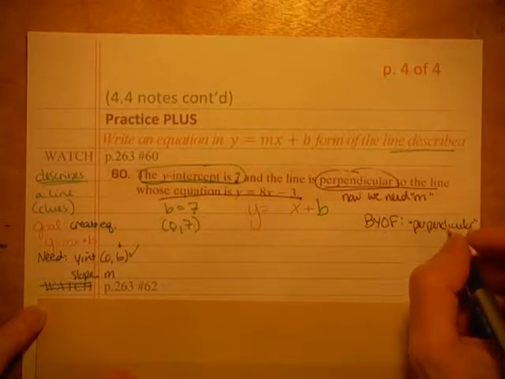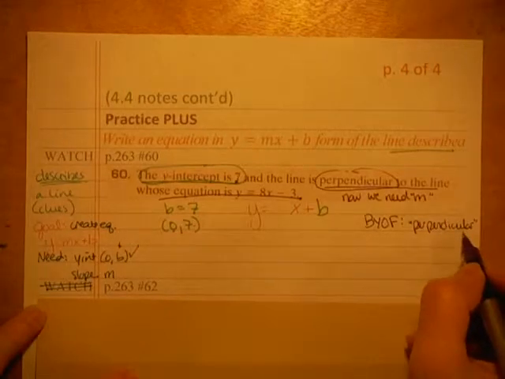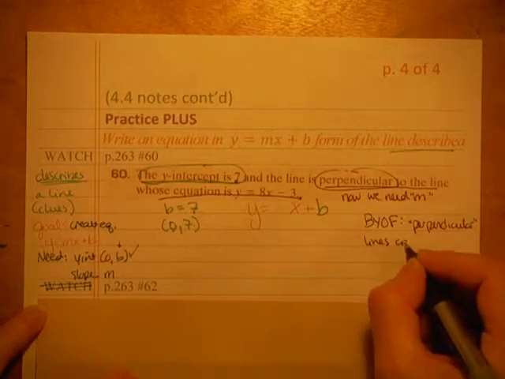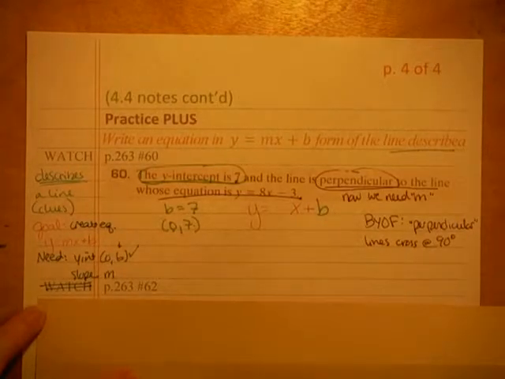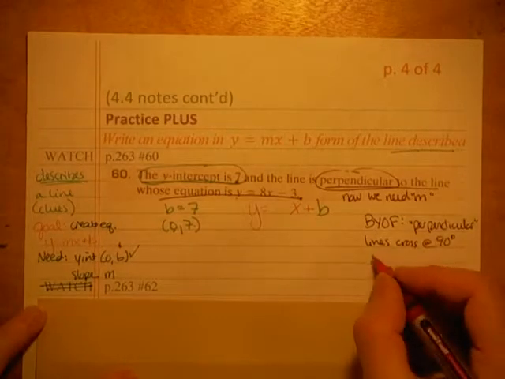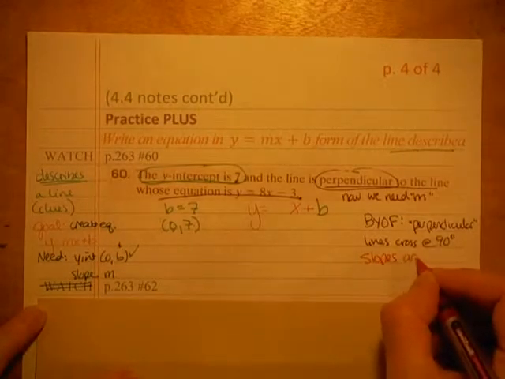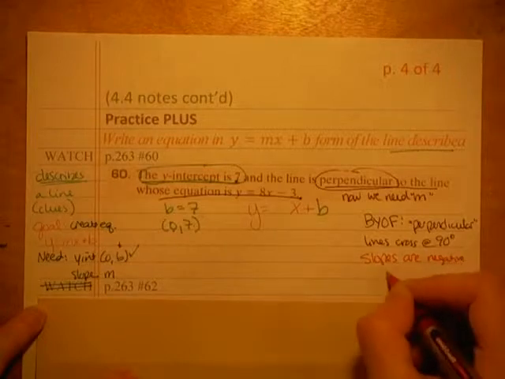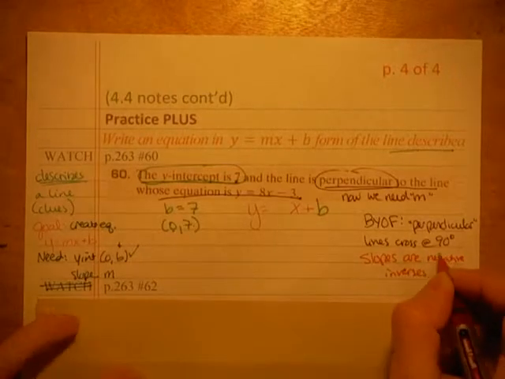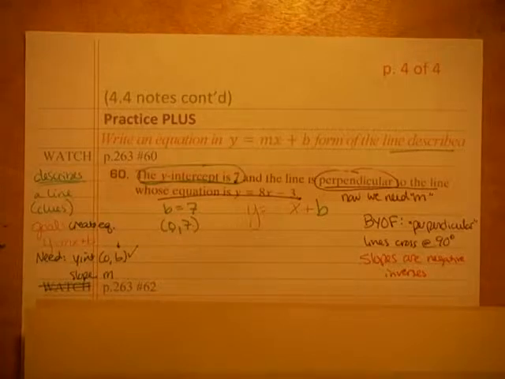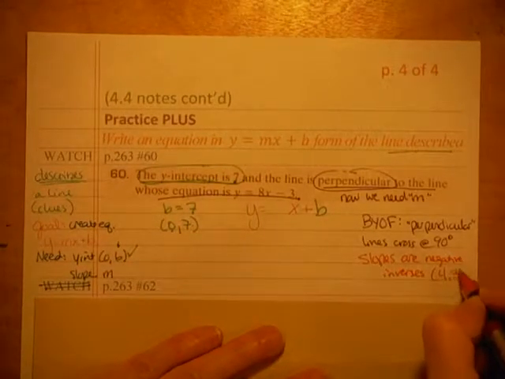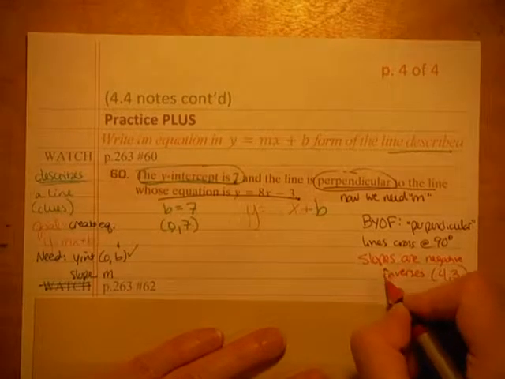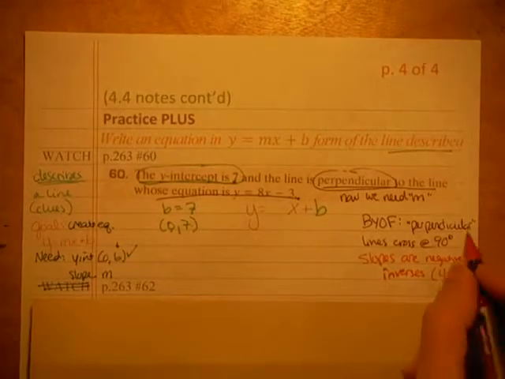We've been talking about it in class. But perpendicular means that the lines cross at 90 degrees. Well, that's what happens on the graph. What happens in the equation is that the slopes themselves are negative inverses of each other. And I believe we covered that in 4.3, I want to say. So if you are a little unsure about that, if that sounds like brand new information, go back and watch some of the sections of 4.3, or go back through the notes, or recheck some of the practice problems.